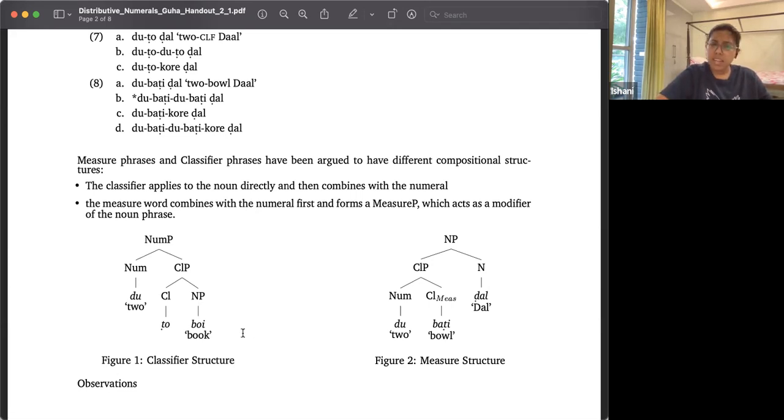So my idea was that, okay, so in figure 1, reduplication can apply to the numeral classifier complex. So the idea is that the classifier head moves into the numeral in morphology, which does not have a semantic effect, right? So it's a morphological operation and forms the cluster numeral classifier complex, which is a morphological entity.